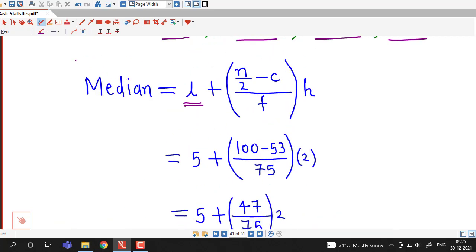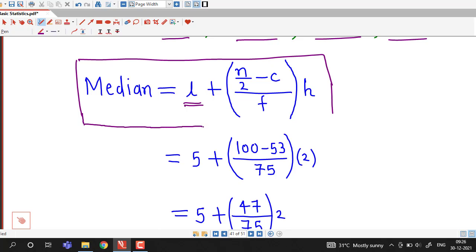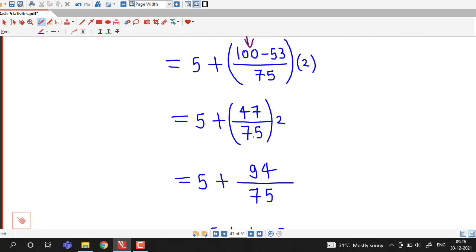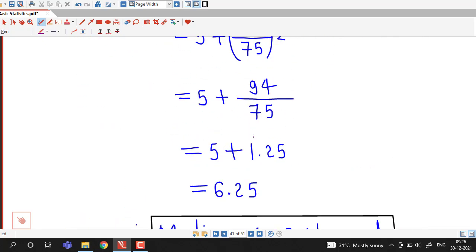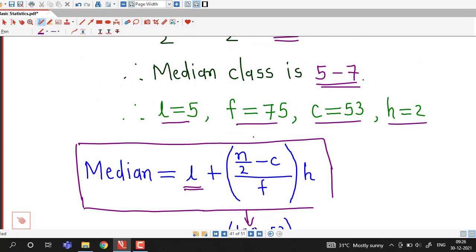So we just have to remember this formula, and by identifying the median class we are able to decide all these values L, F, C and H, and we have N equal to 200, so 200 by 2 is 100. So we can easily obtain the median of this continuous data.